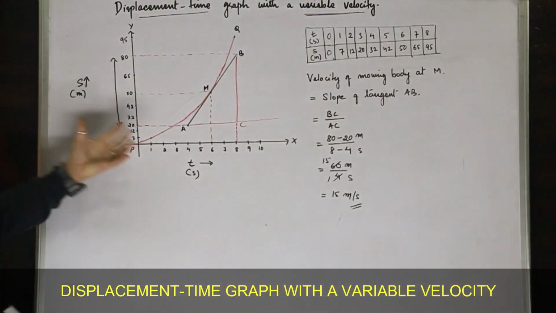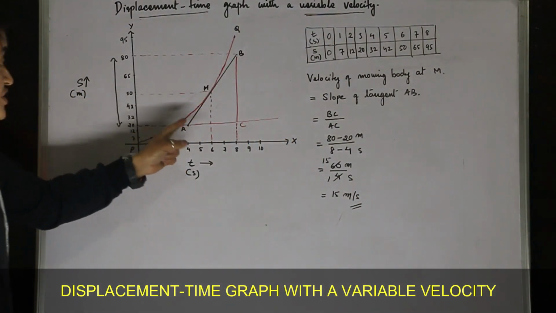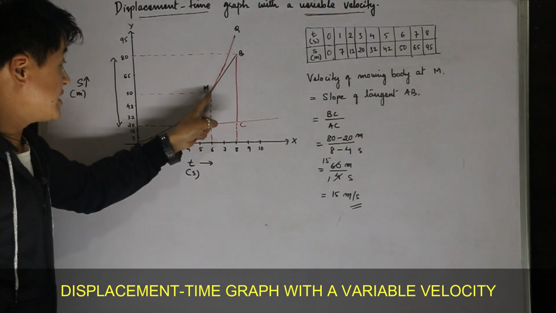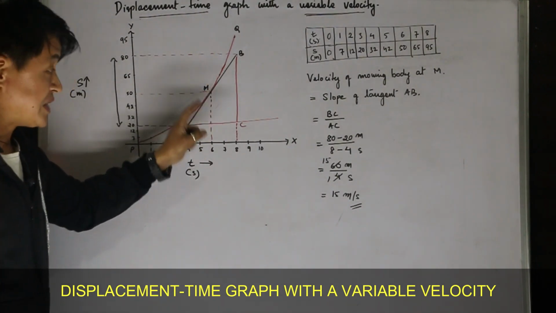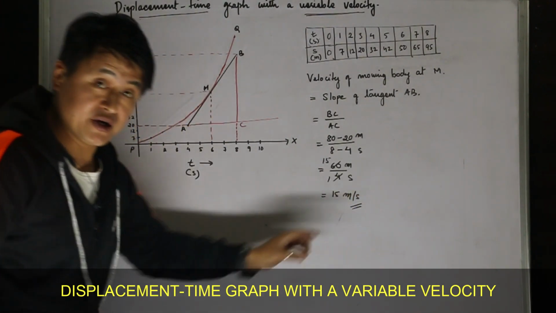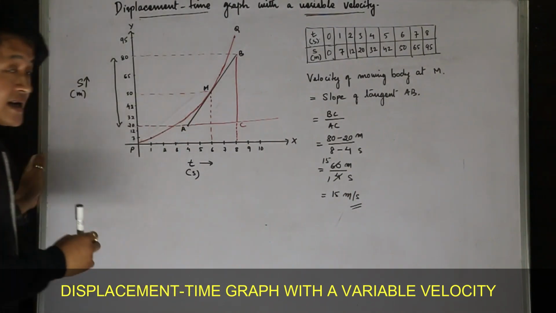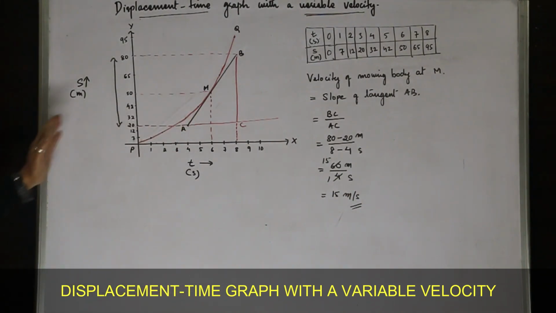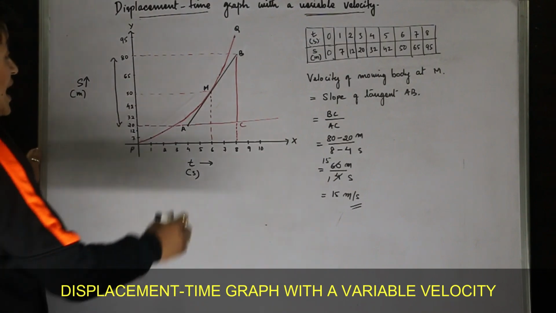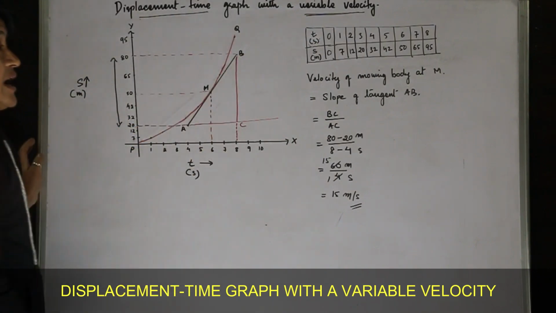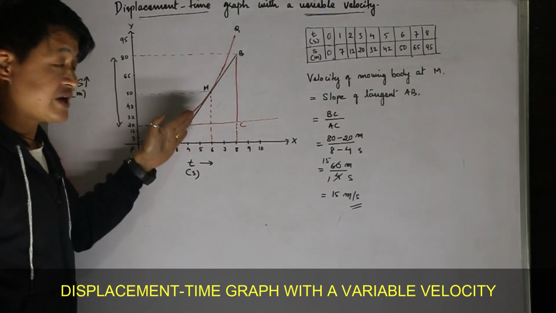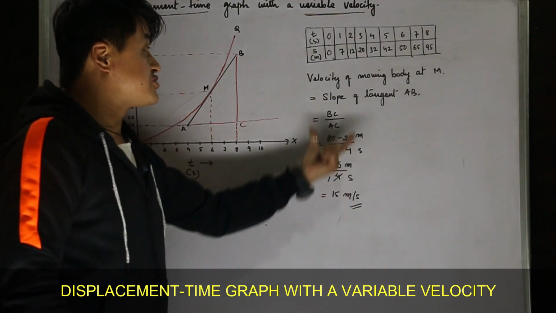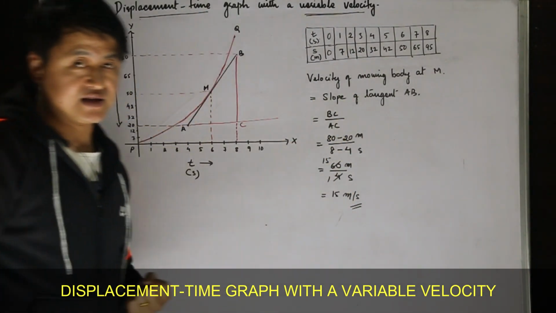So now we got that the velocity of the moving body at point M is 15 meter per second. At any instant, if we have to find the velocity of a body, we have to draw a tangent, and by finding the slope of that tangent, we will get the velocity of the body at that instant.